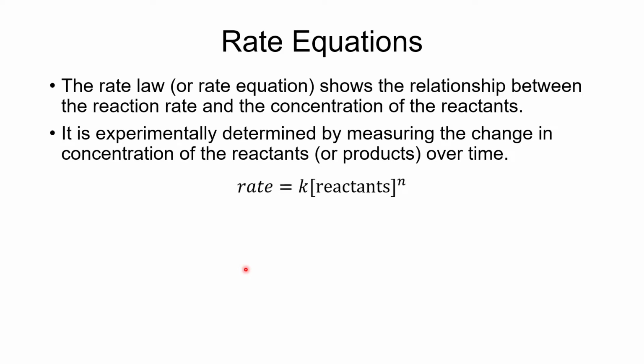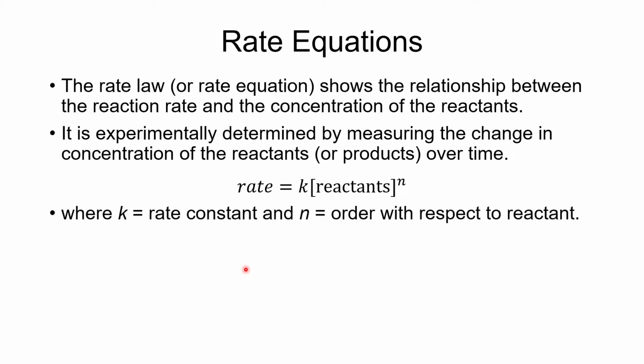Typically, your rate law will have this generic form where rate is equal to a rate constant k times the concentration of each reactant raised to the power of n, where n is the order with respect to that reactant. n tells us how many of those molecules we need to come together in that step.